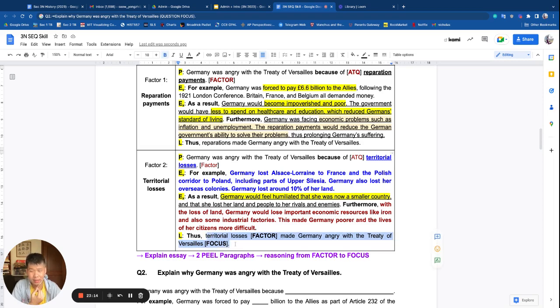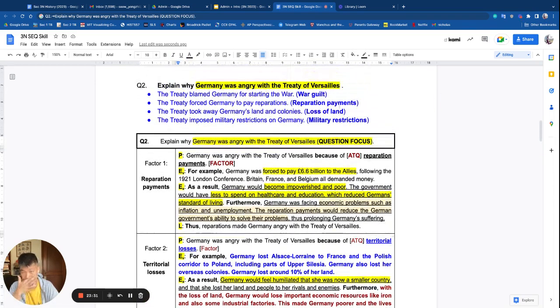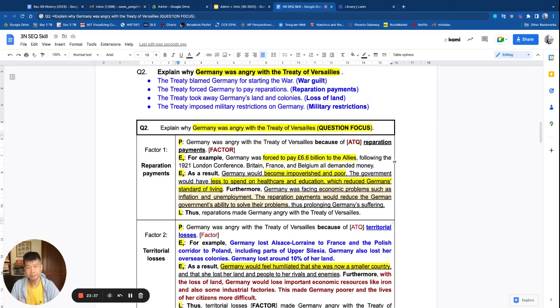The link is a 1-sentence summary of your PEE argument. Because your argument must go from factor to focus, from territorial losses to Germany angry, from reparation payments to Germany angry. And these factors you must come up with on your own when you see the question, when you see the focus. You have to come up with answers to the question, and those are your factors. Okay.